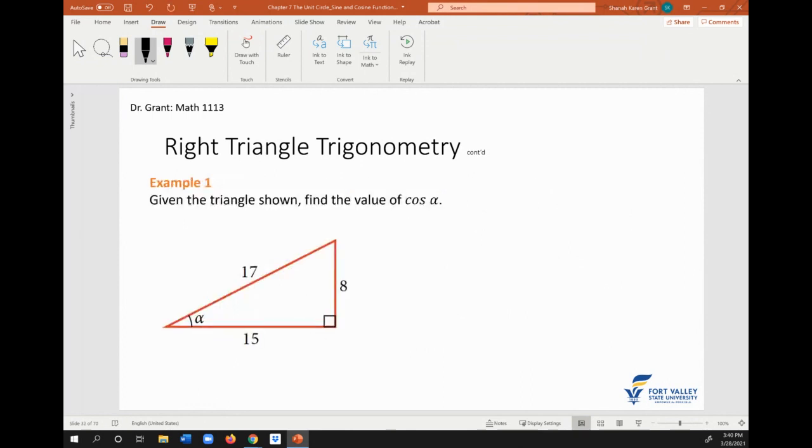Let's do some practice. Let's say we have a right triangle. Our angle in question is alpha, and we're told to find cosine of alpha. So we have the sides here, so we can just plug in. But we have to recall what my ratio is, right? So cosine of alpha has a ratio of adjacent over hypotenuse, right?